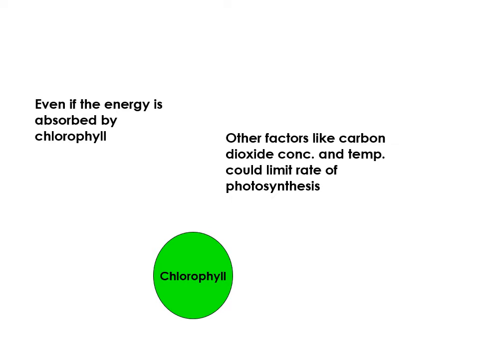So when the light energy is absorbed and the electrons are excited, that does mean that we've got the light dependent reactions happening. But if we've got a limited amount of carbon dioxide or the temperature is low, the light independent reactions might be happening quite slowly.